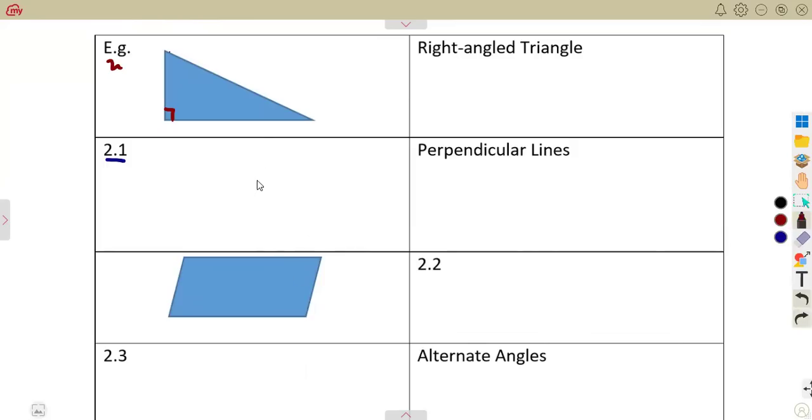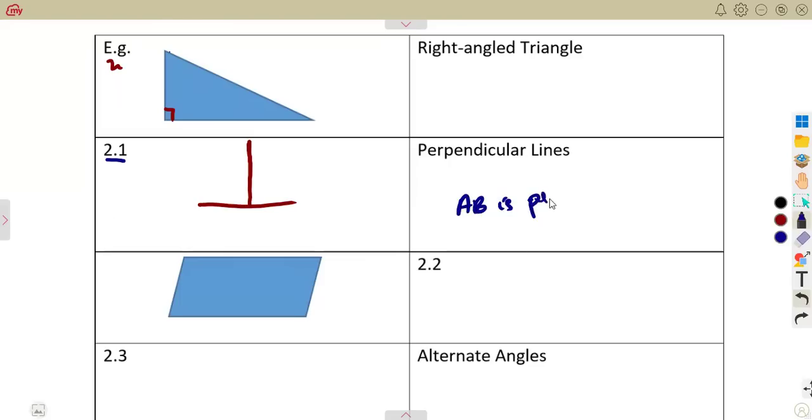Perpendicular lines, we are talking of two lines that meet at 90 degrees. So you indicate with a vertical line and a horizontal line like this. This is the indication that we see whenever we are presenting perpendicular lines.